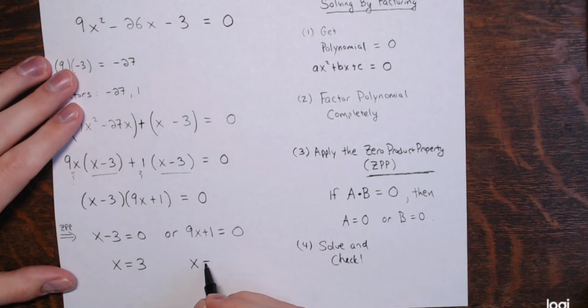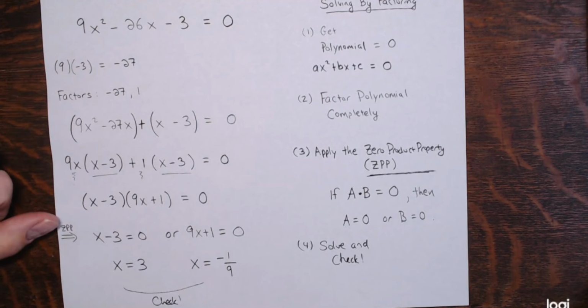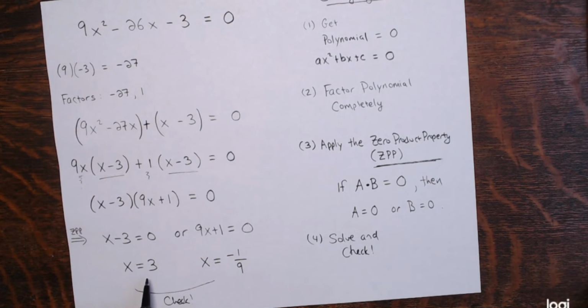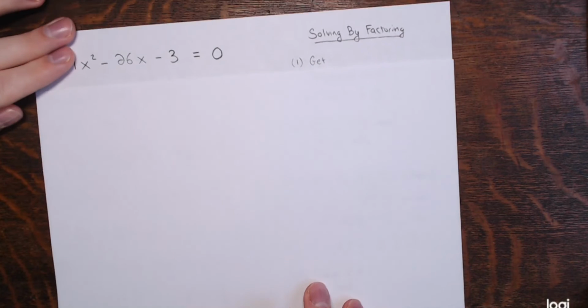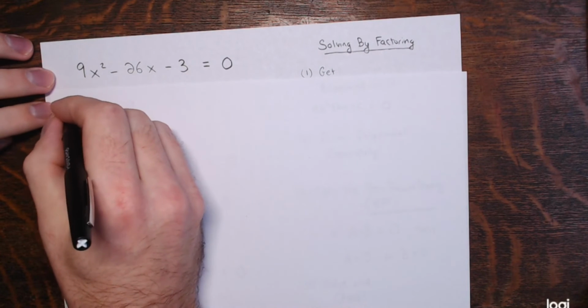You get x equals negative 1/9. And let's check these in the original equation. So how about x equals 3? I'm going to go back to the original equation and replace x with 3.